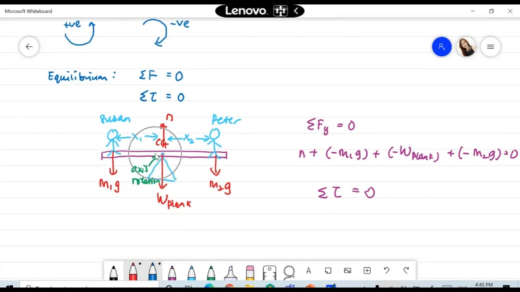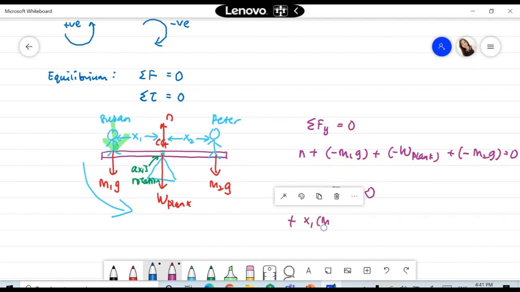Let's find out the torque produced due to Susan. m1g, the weight of Susan, will tend to rotate the plank in the anti-clockwise direction, because the axis of rotation is here. Anti-clockwise direction has a sign convention of plus, and therefore the torque produced due to Susan is R crossed with F. R is x1, F is m1g.